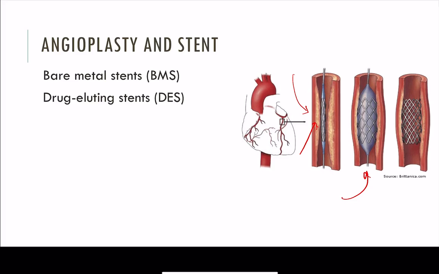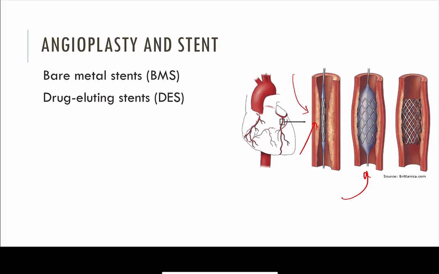Because there's a frequent recurrence rate when it's just an angioplasty, they typically do an angioplasty and stent, where a stent is this tiny mesh-like scaffold that's placed within the lesion to increase the luminal diameter. Now, this is metal that's being put inside of our bodies.